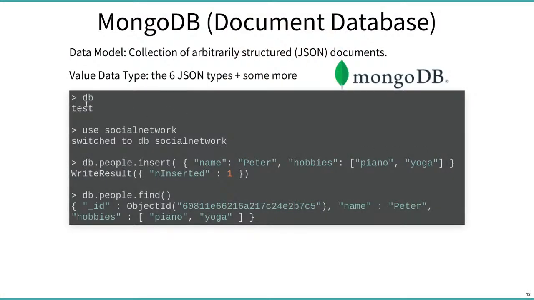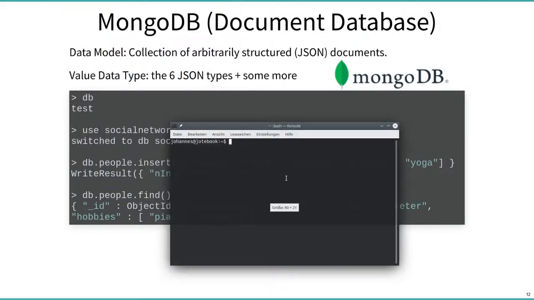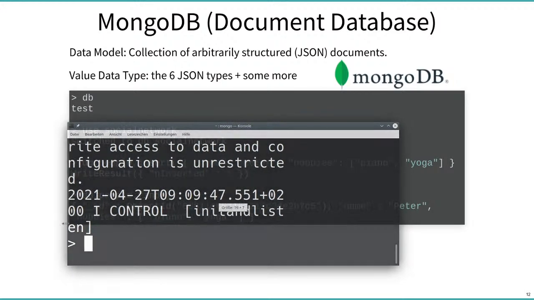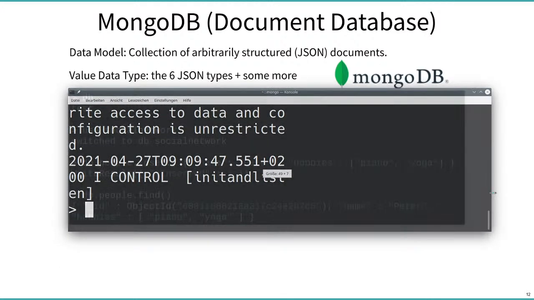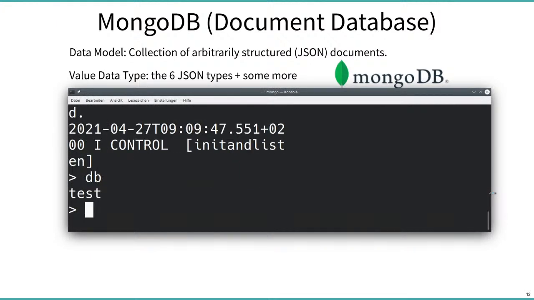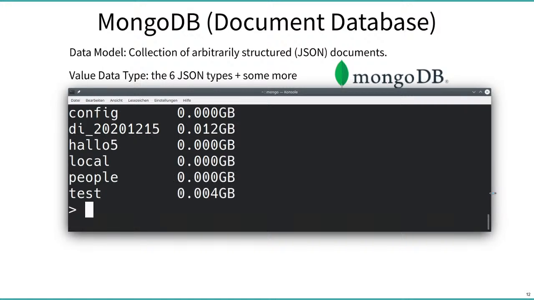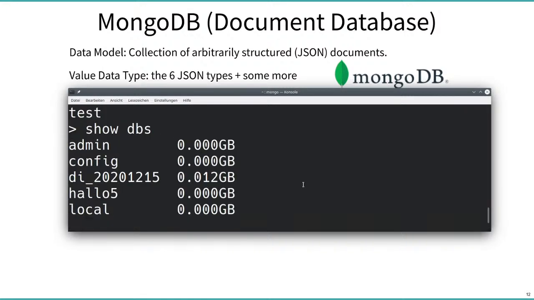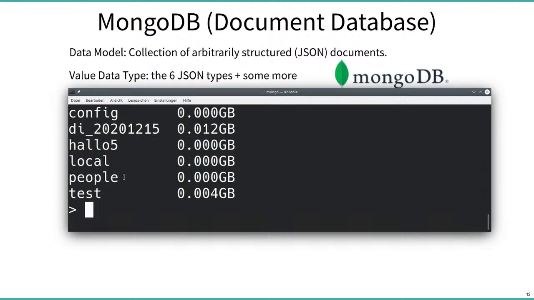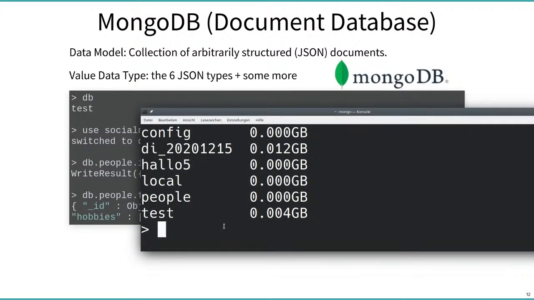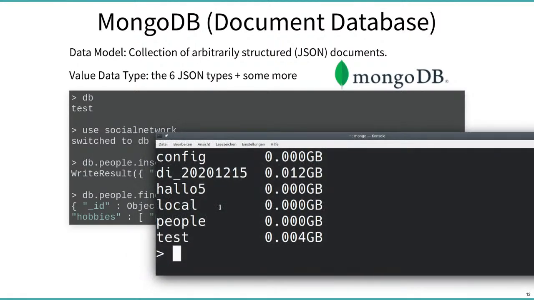So I open a MongoDB shell, mongo, and with the command db I can ask in which database I am currently connected. Show dbs shows me that I have many databases, and here's a people database, a test database, hello 5 and something.